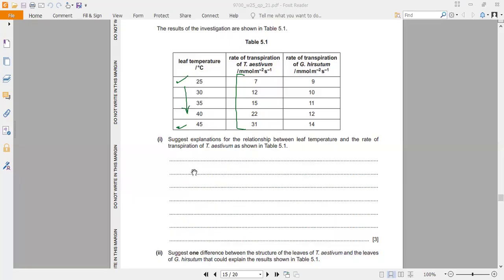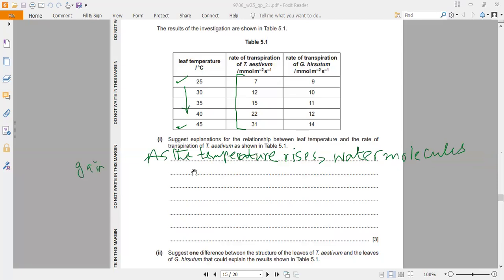So I would like to write all these points. We have to write a minimum of three. As temperature rises, water molecules gain more kinetic energy.